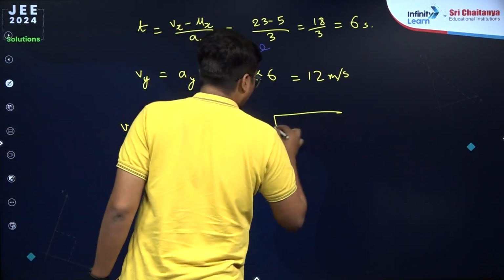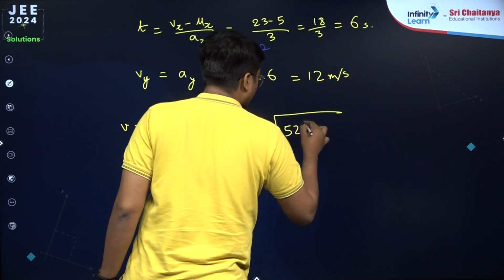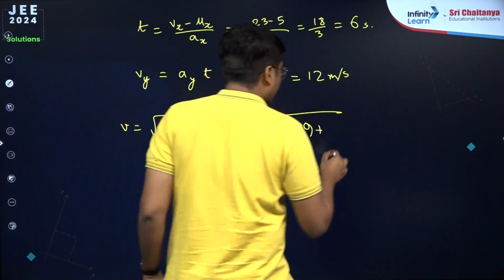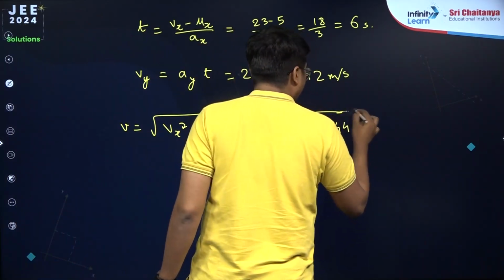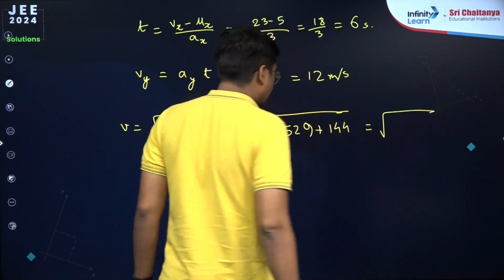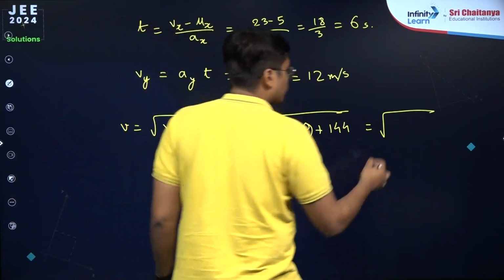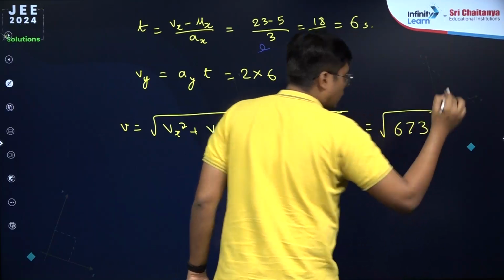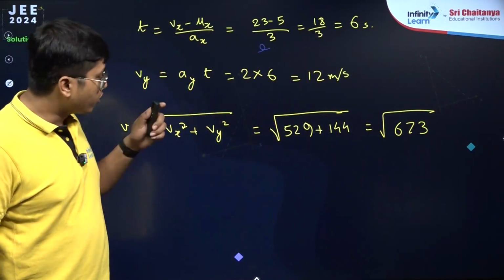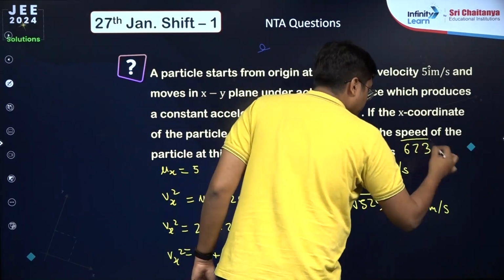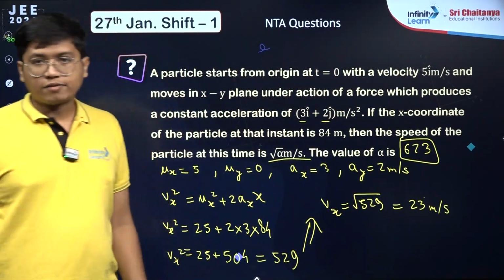Vx square we already had as 529 plus Vy square is 12 square, that is 144. How much does that come out to be? This is 673. So your answer here is root over of 673. That is the answer for this question.